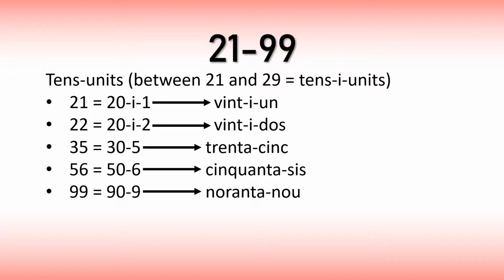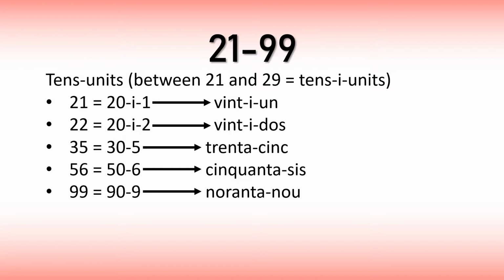21. And then for 22, you have 20, the I, and 2. 22. Then for the next example, 35 is not between 21 and 29, so you don't add that I that I mentioned.